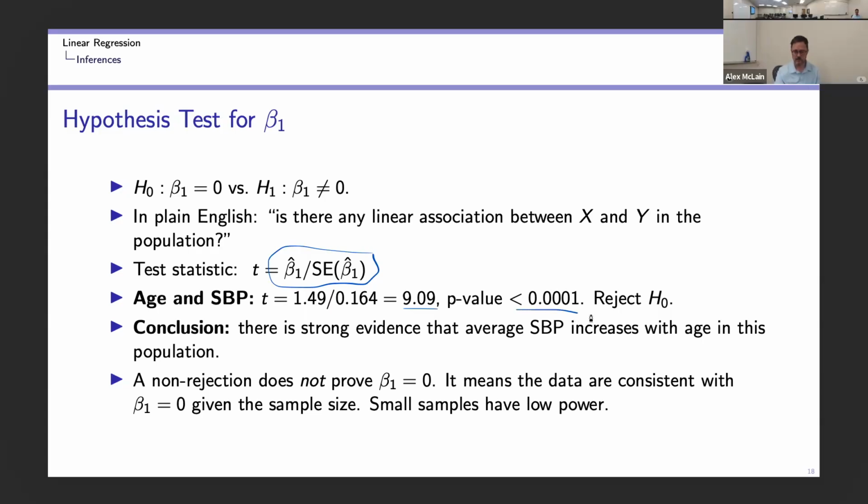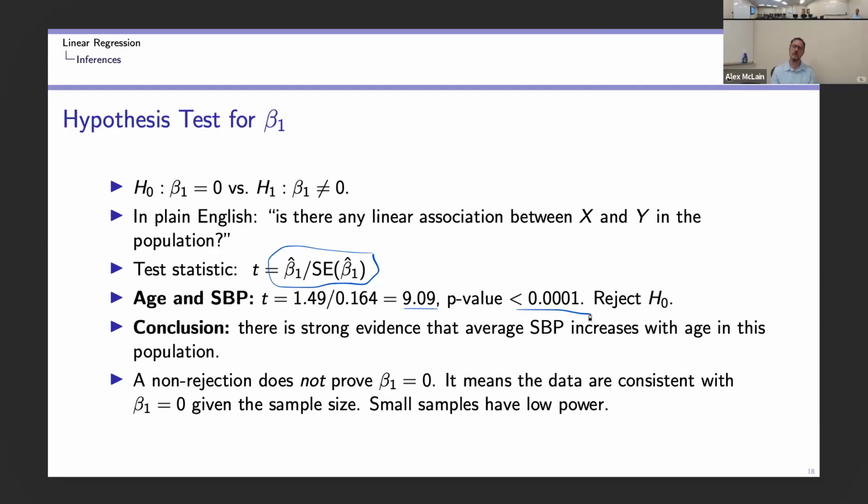P-value is less than 0.0001. So what that tells us is that if the true beta 1 was equal to 0, the chance that we saw what we saw was very, very, very low. So that would lead us to say, well, probably we'll reject the null hypothesis. We'll reject that slope is equal to 0.